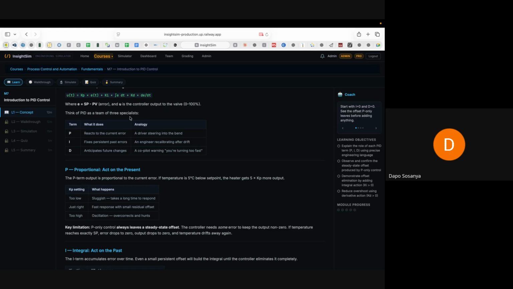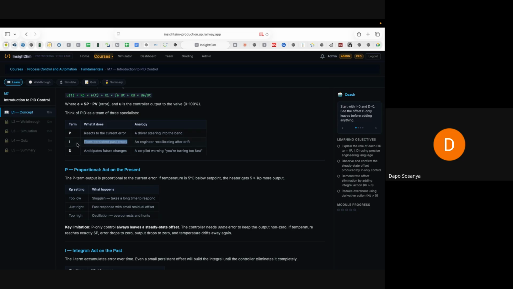So think of PID as a team of 3 specialists. You have the P that reacts to the current error, a driver steering into the bend. You have the I term that fixes persistent past errors, an engineer recalibrating after drift.